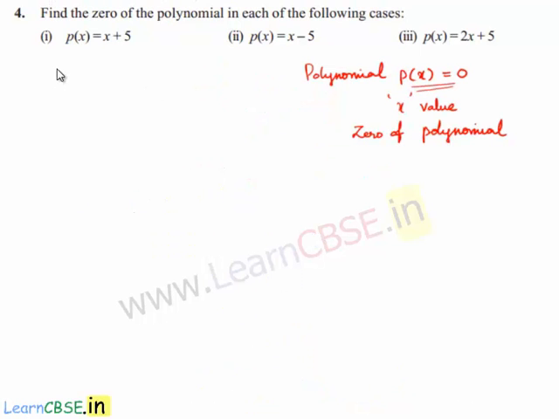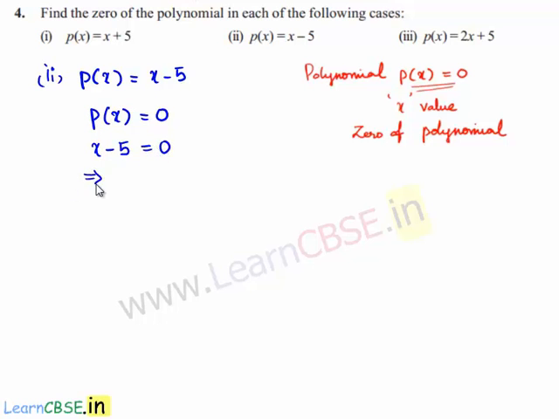Now let us see the second polynomial, which is p of x is equal to x minus 5. So for finding the 0 of the polynomial, we must equate the given polynomial to 0, which is p of x is equal to 0. Given that p of x is equal to x minus 5. So we can write x minus 5 is equal to 0.